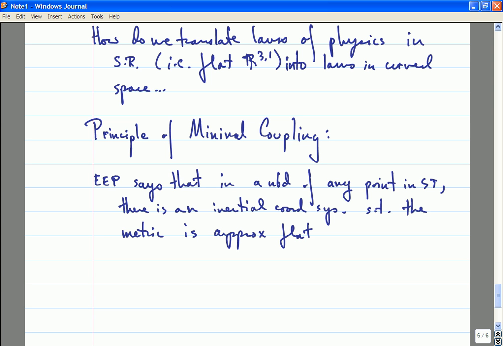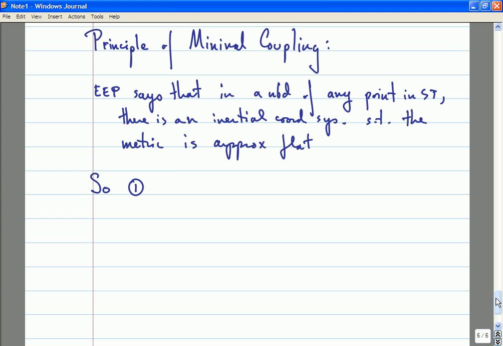So, how do we take a law of physics in flat space and turn it into a law of physics in curved space? Let's start by taking your favorite law of physics, which is valid in special relativity, which is formulated in Minkowski space.